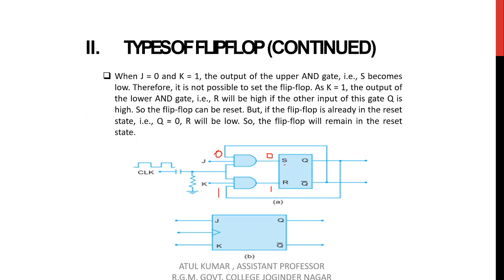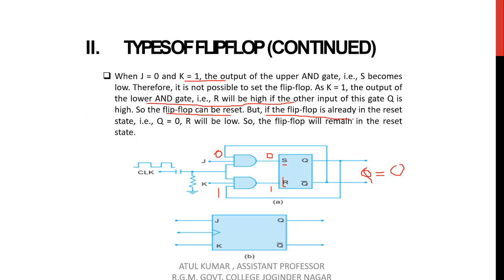As we have seen in the SR flip-flop, when R is equal to 1 and S is equal to 0, Q is equal to 0, that is, the flip-flop is in the reset state. So when J is equal to 0 and K is equal to 1, the output of the upper AND gate becomes 0 and the output of the lower AND gate becomes 1, that is high, and in this case the flip-flop is in the reset state.